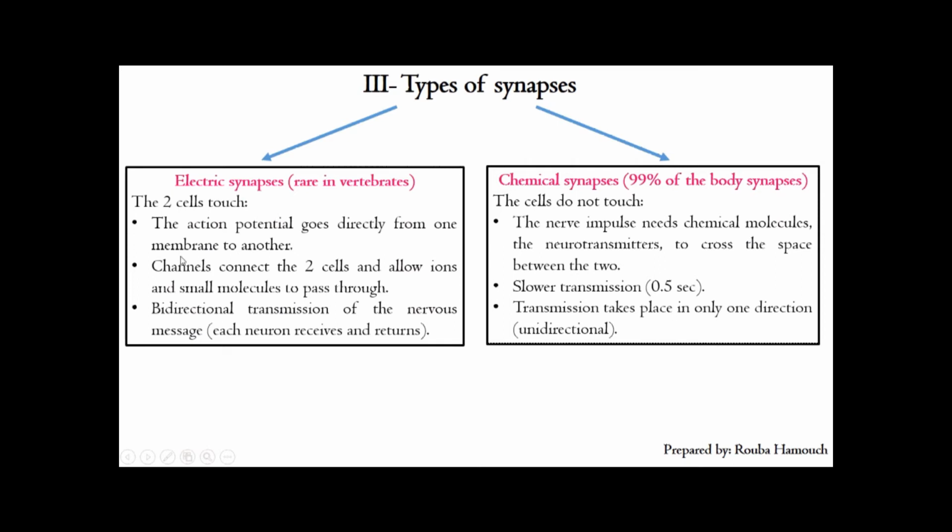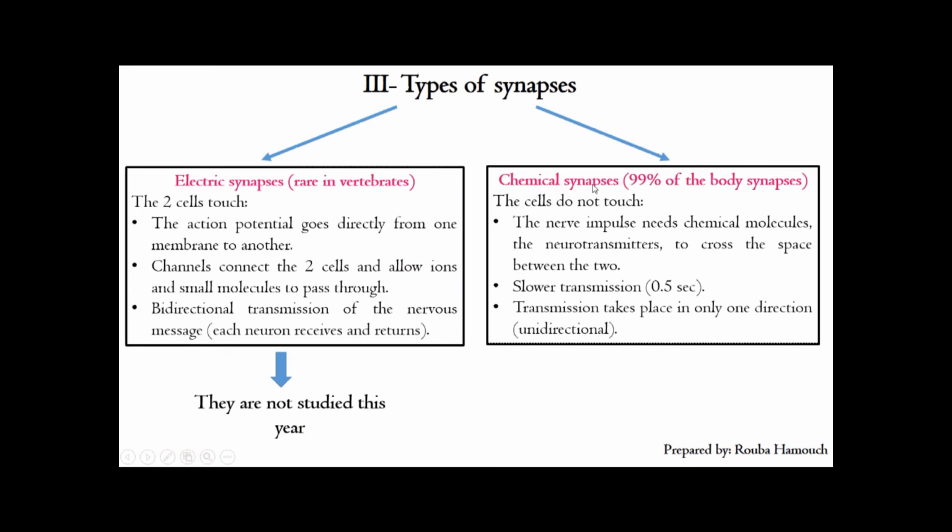We have channels that connect the two cells and that allow ions and small molecules to pass through in order to transmit the message. And the transmission of the nervous message is bidirectional. Each neuron receives and returns the action potential. These synapses are not studied this year, so you don't memorize the electric synapses.